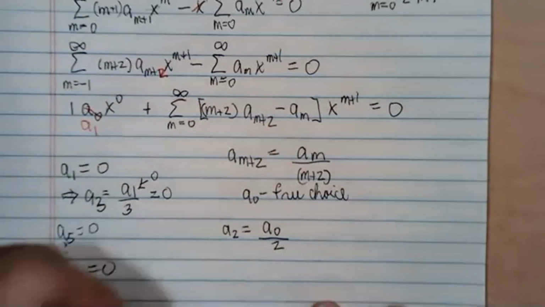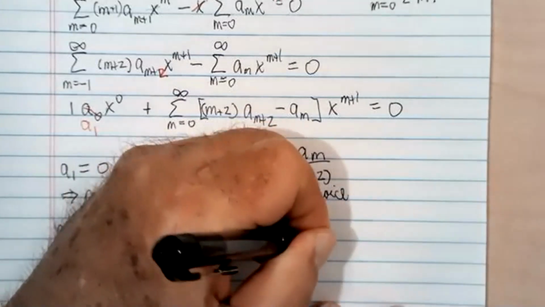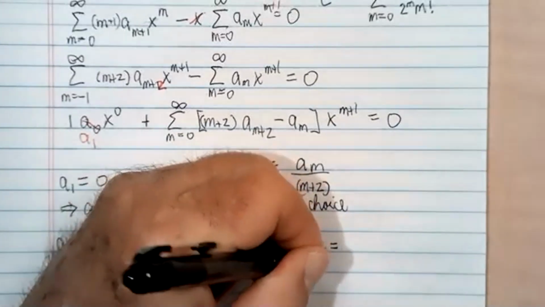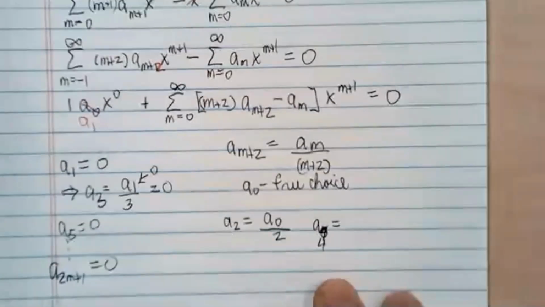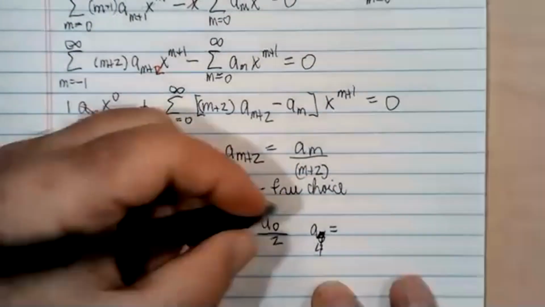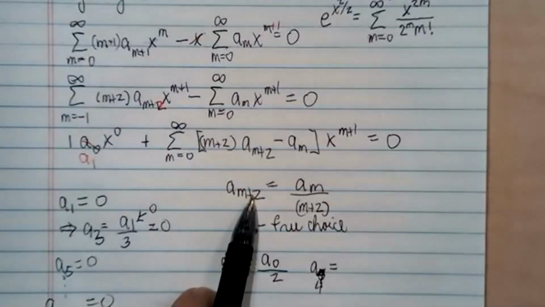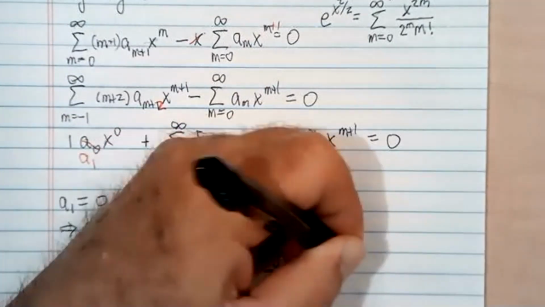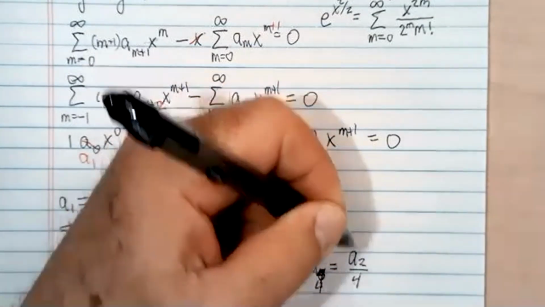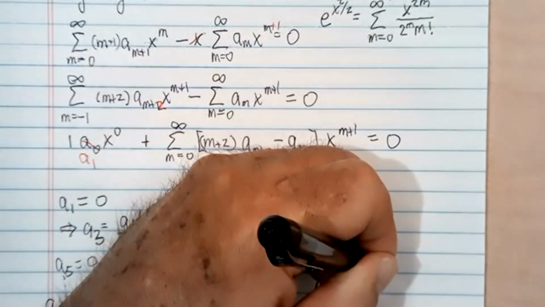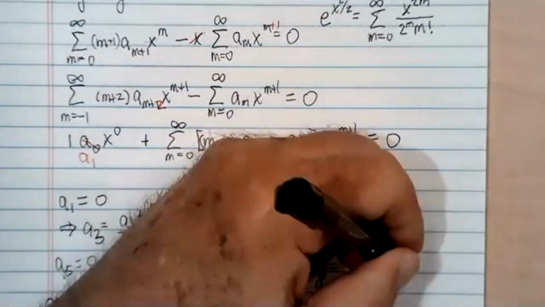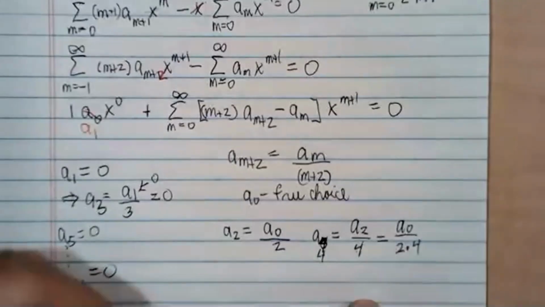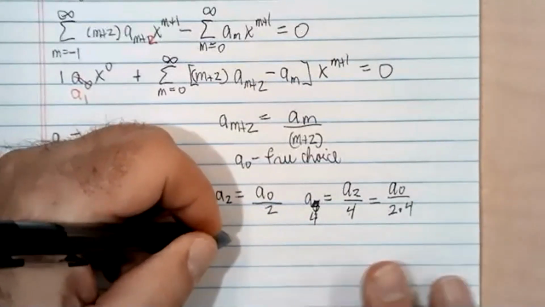Then a3 is equal, not a3, I already know what that is, that's 0. a4 is the even subscripted terms that I'm trying to compute. a4 is equal to, well, you make that 4, which is to say m is 2, a2 over 4. So that is, but a2 is a0 over 2. So it's a0 over 2 times 4. Yep, the 2 is in there. You're right.